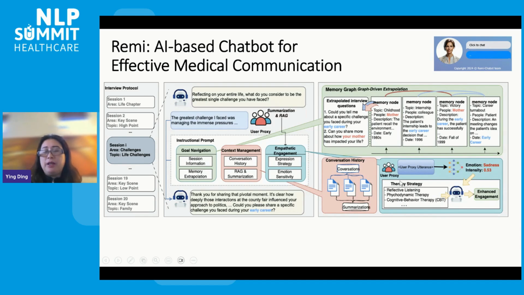In this chatbot, we use a lot of system prompts to enable therapy strategies, for instance, reflective listening, psychodynamic therapy, and CBT. Those are basic strategies when therapists deliver therapy to the patient in person. So we can successfully incorporate these strategies into ChatGPT.